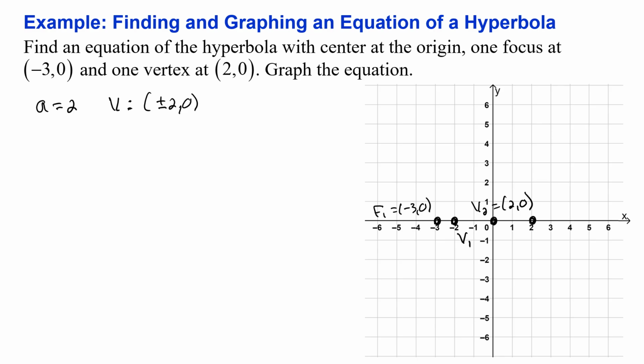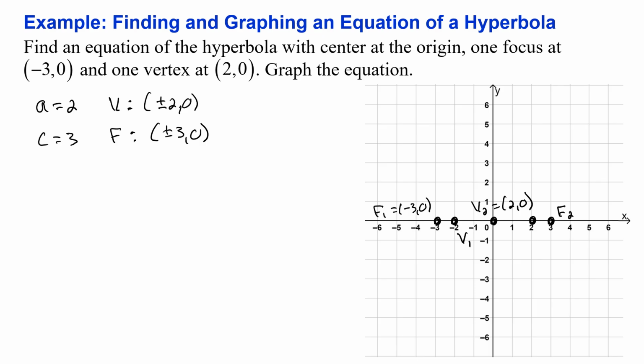Now the foci we know are a distance of c from the center. Therefore, the given focus is at negative 3 comma 0, so c must equal 3. And we could plot the second focus then at the point 3 comma 0, and let's label this f sub 2 since it's to the right of the center. So in summary, we know that the foci lie at the points plus or minus 3 comma 0.